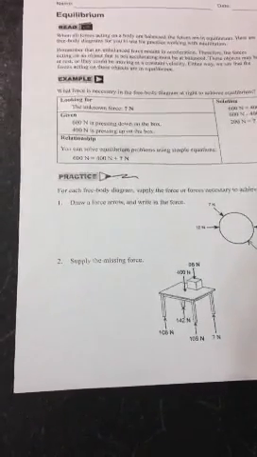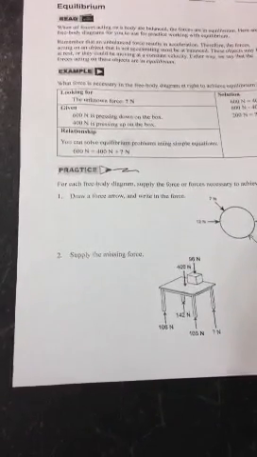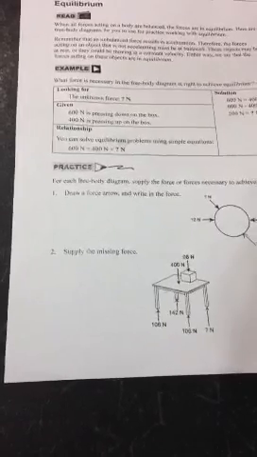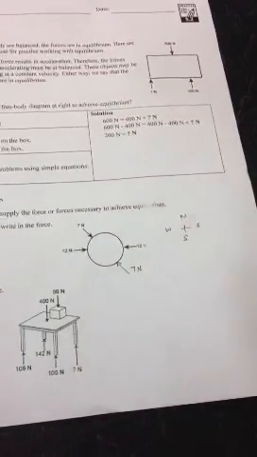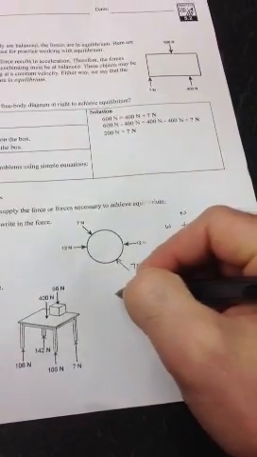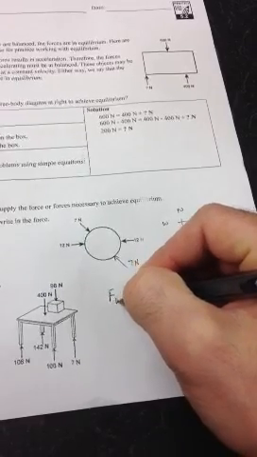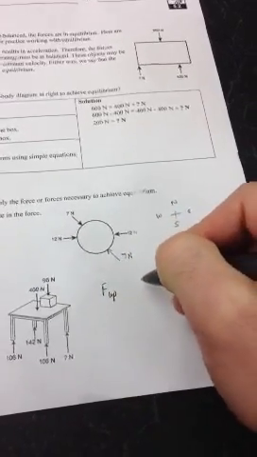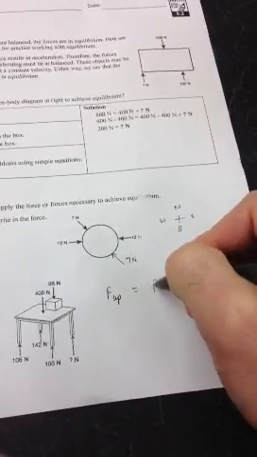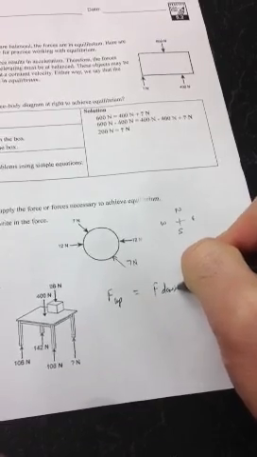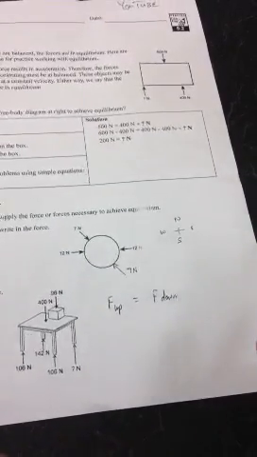to keep this table in balance, the forces up on the table need to be equal to the forces down on the table. So I'll write that equation over here. We'll say that force up needs to be equal to force down for this to stay balanced.